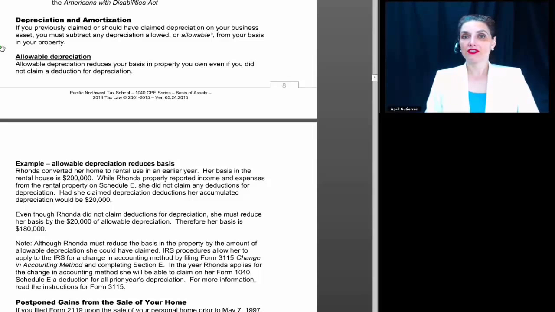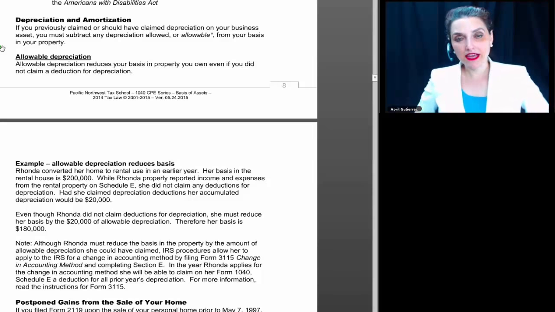And depreciation is just something that I see so much of a mess being made out of. Whether the client is doing their own tax return or whether they have been using a paid professional, I often see depreciation done badly. In other words, the rules have not been followed, things have been deducted in ways that are not allowed, or they haven't been deducted at all as they should be. It's not at all uncommon.